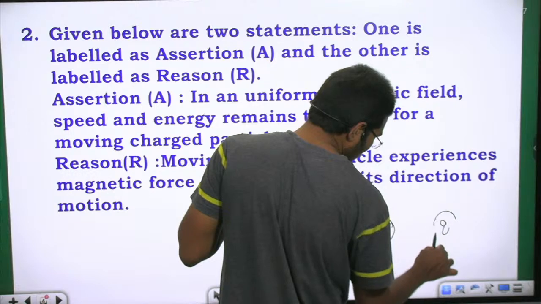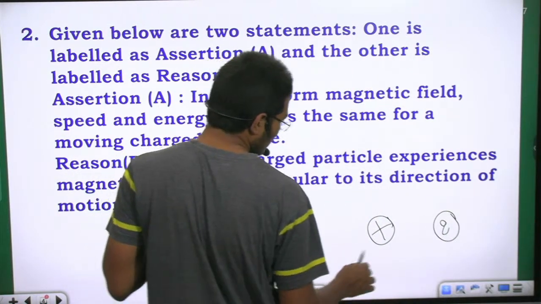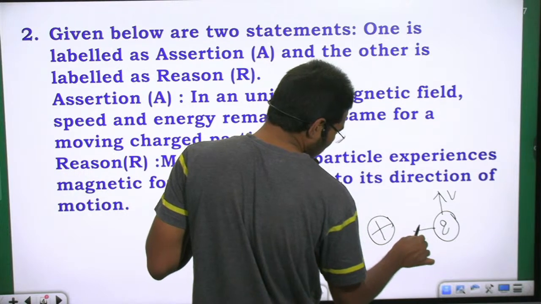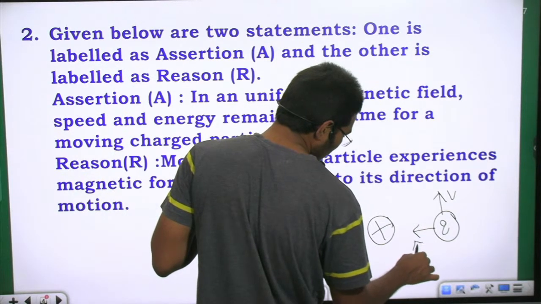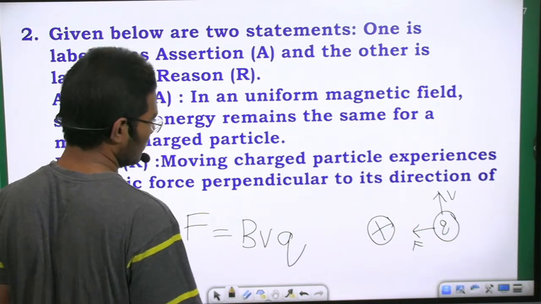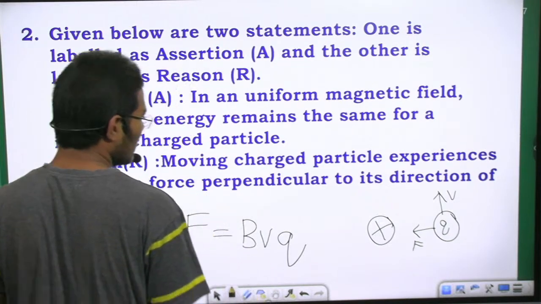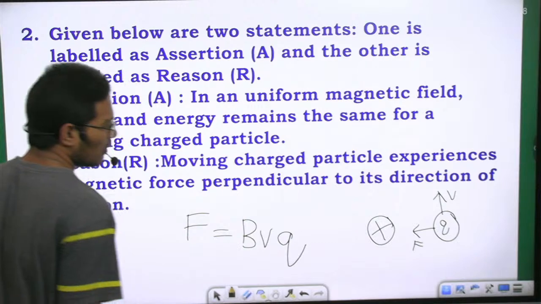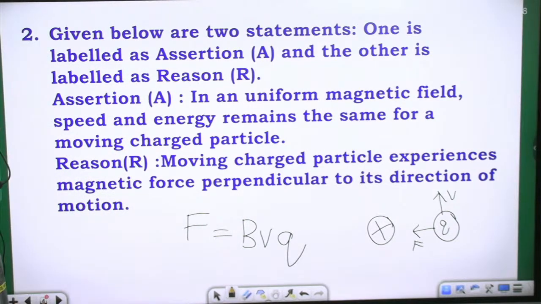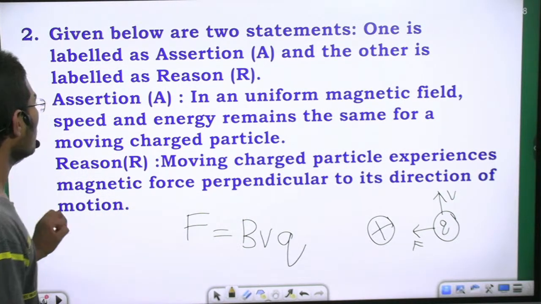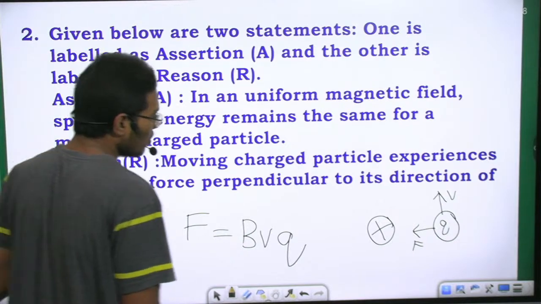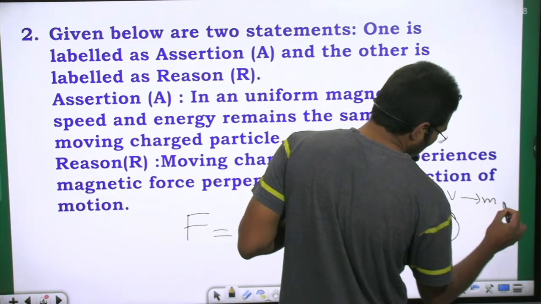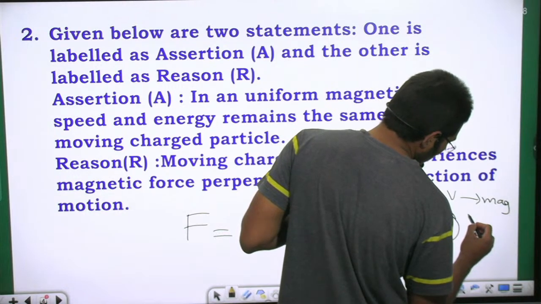The force on the charge will be perpendicular to the direction of motion. Okay. So basically it makes the charged particle move in circular motion, and that force acts as a centripetal force. Okay. So the magnitude of velocity remains constant.